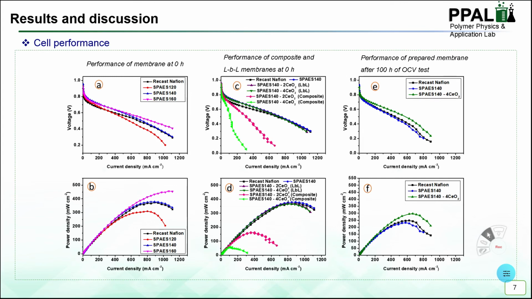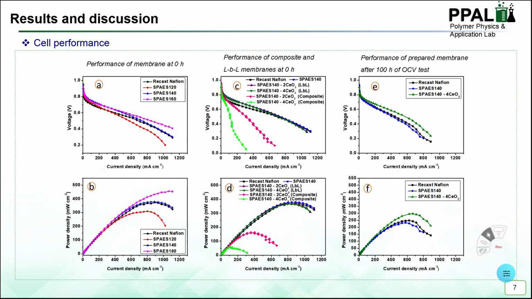And figures E and F are the performance of the SBAES and layer-by-layer membrane containing 4% of the cerium oxide after 100 hours of the OCV test. We can see although they show similar power density before the OCV test, after 100 hours of treatment the layer-by-layer membrane shows a power density higher than the others.